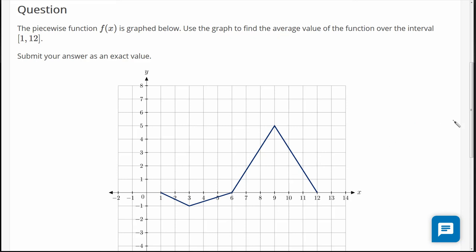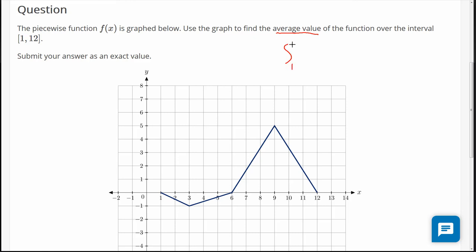But how do you find the average value? The thing you want to remember is that the average value is basically, the way I think about it, the signed area divided by the length of the interval. And the signed area, we know, is going to be the definite integral.